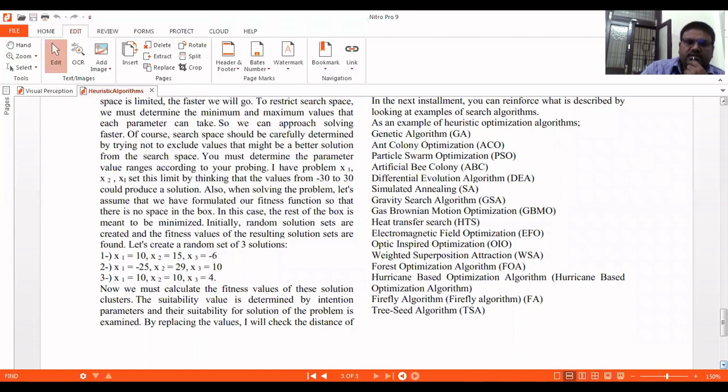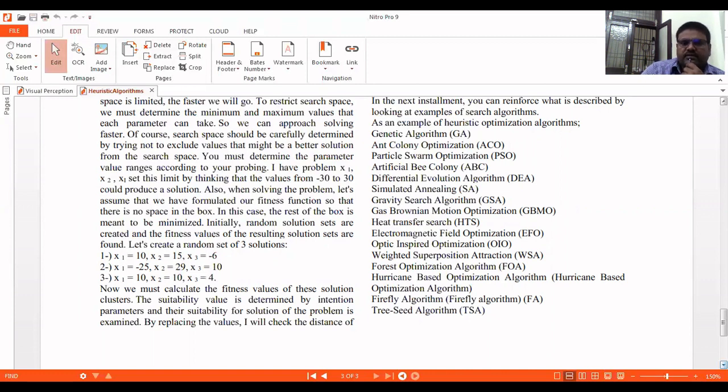Now we must calculate the fitness value of these solutions. The fitness value is determined by replacing the parameters in the equation, and their suitability for solving the problem is examined.